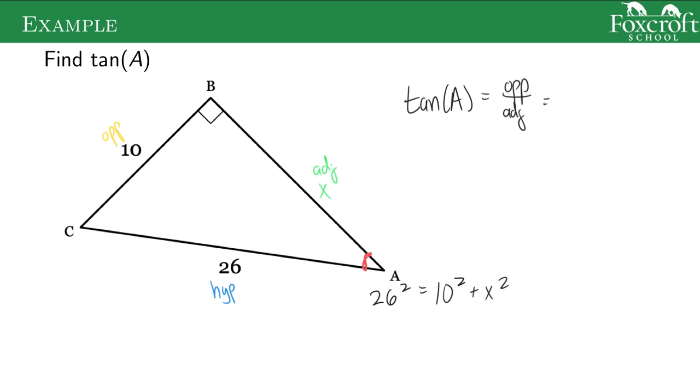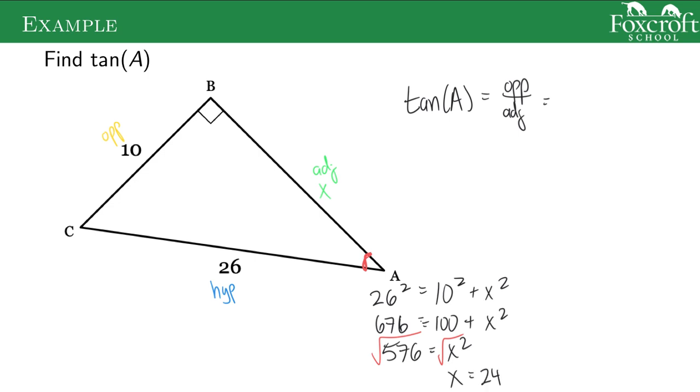All right, 26 squared is 676. I can actually do 10 squared in my head. That's 100. And 576 equals x squared. Again, take the square root of both sides. So x is going to be the square root of 576, which comes out to be 24.